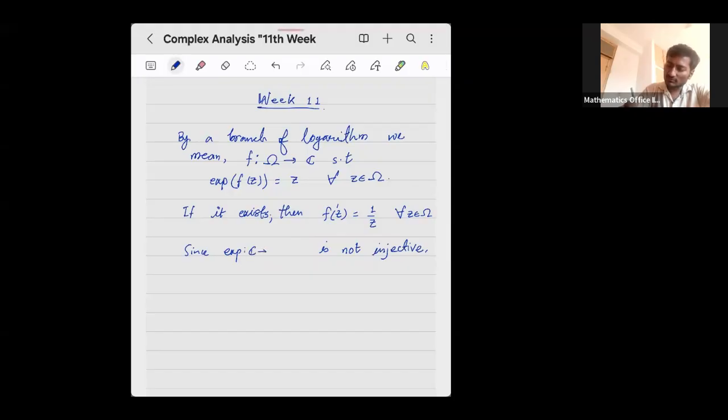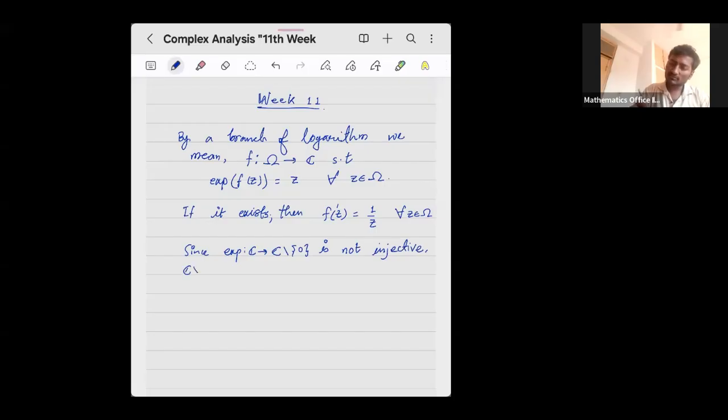The exponential map from C to C minus 0 is not injective. You know why? Because e to the z and e to the z plus 2 pi i, if you add that, you get the same value. So it is not injective.